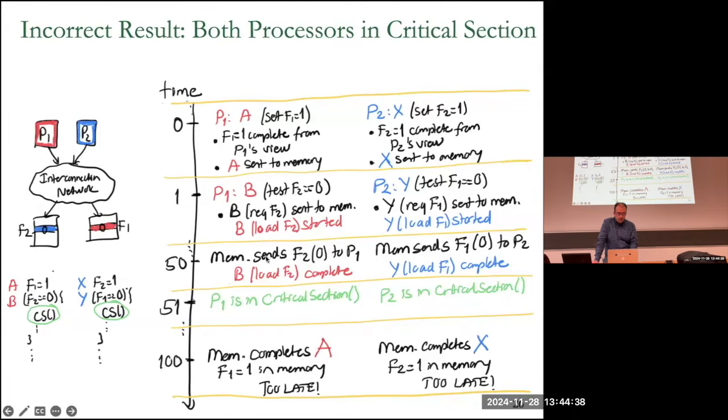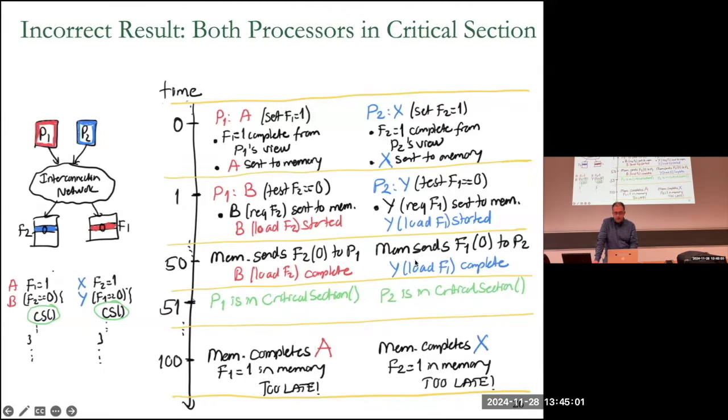So memory replies to your read operation and sends 0 to P1. And then P1 can enter the critical section, right? Because this F2 is 0. Since F2 is 0, P1 enters the critical section.